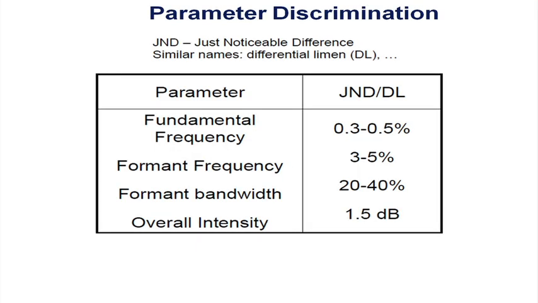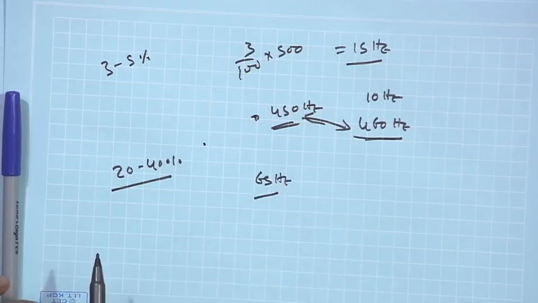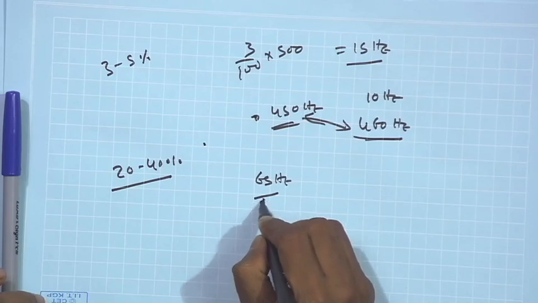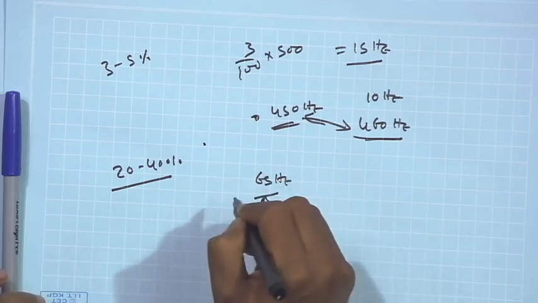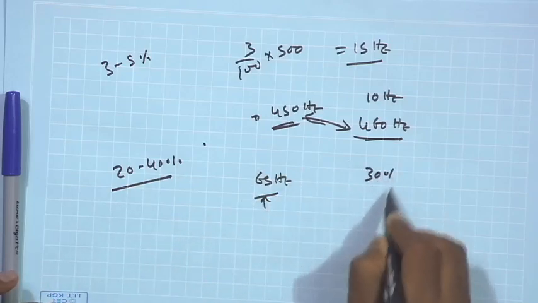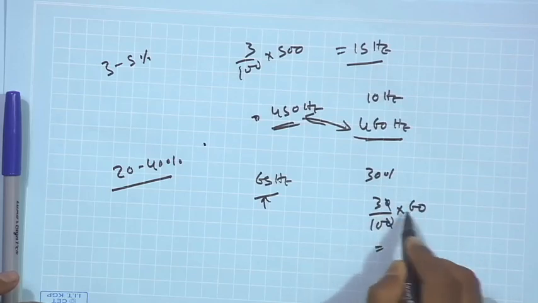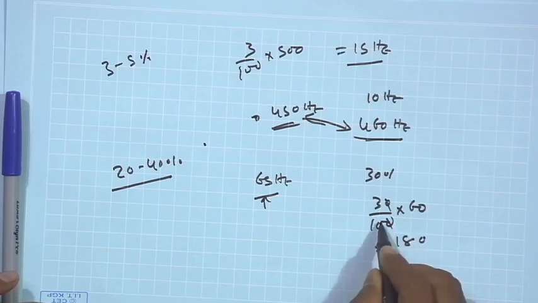Then for formant bandwidth, 20 to 40% error. Suppose the first formant bandwidth is 65 hertz. 20 to 40% variation we cannot distinguish. Let us say 30% variation: 30 divided by 100 into 65, almost 18 hertz difference.